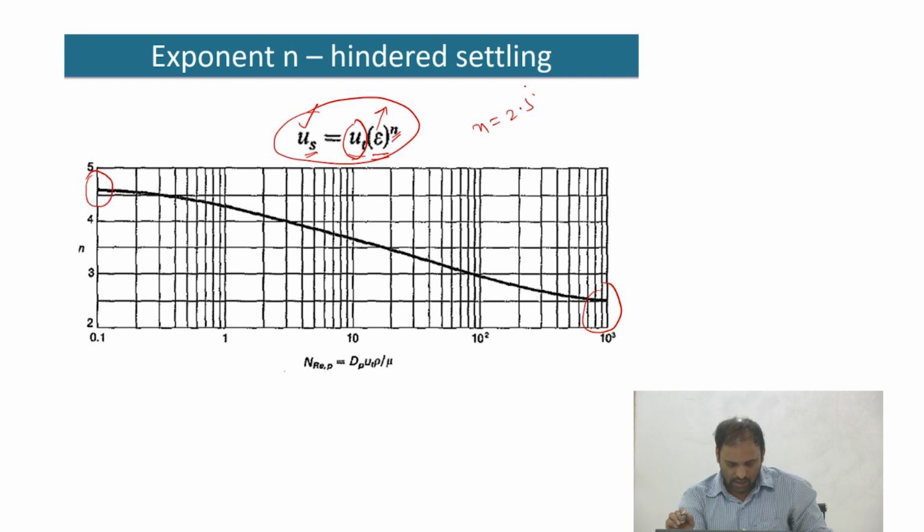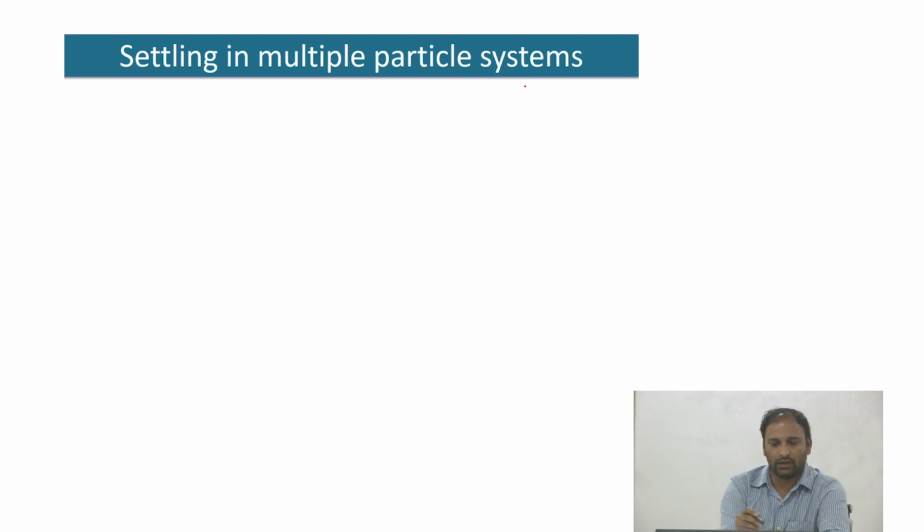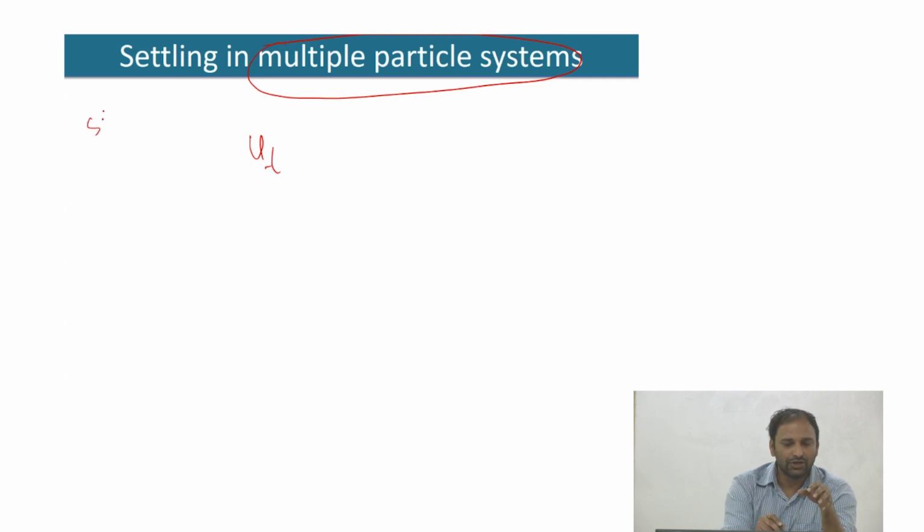That's what we said. And then we just wanted to set this problem up, and I said that if you really want to look at the settling velocity in the multiple particle system, you can start by assuming a particular settling regime, either Stokes or Newton's, and then write down the working equation for settling for each of these cases.